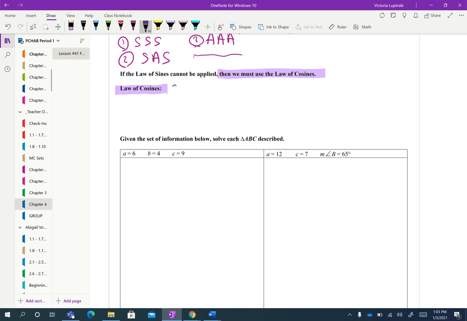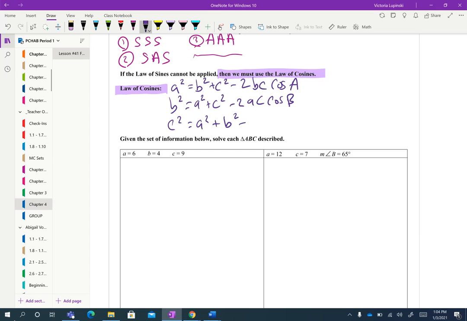If you're trying to find a missing side length, a squared would be equal to b squared plus c squared minus 2 times b times c times the cosine of the angle that matches, which would be A. Then you can also say that b squared is equal to a squared plus c squared minus 2ac times the cosine of B.